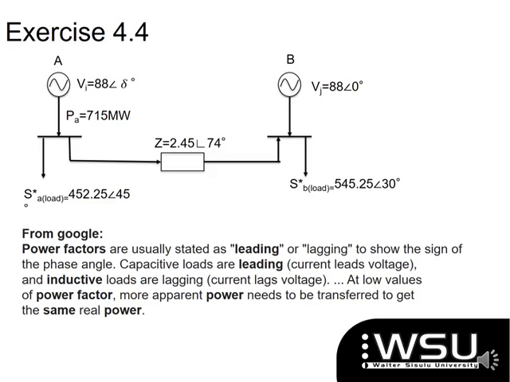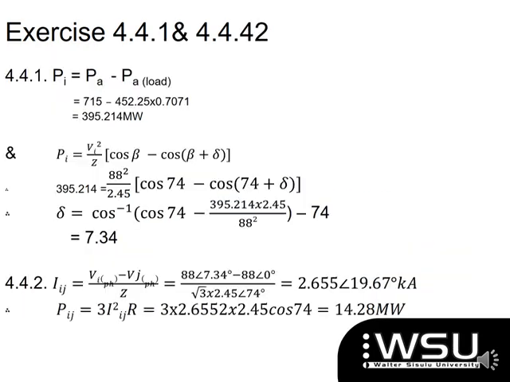So this one is now the last one of the exercises that I show, and you are asked here to calculate what your advancement angle is because you can see there that it's sitting as unknown. What you would then do is you would first go and find what my PI is because you've been given PA, and you know what PA load is going to be based on your SA load that you have.